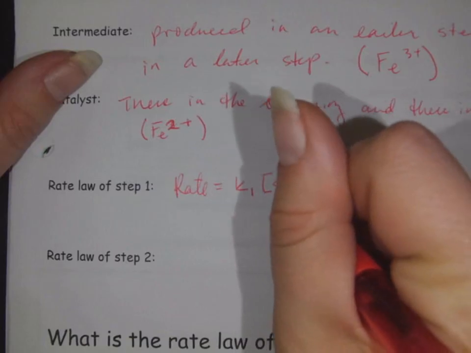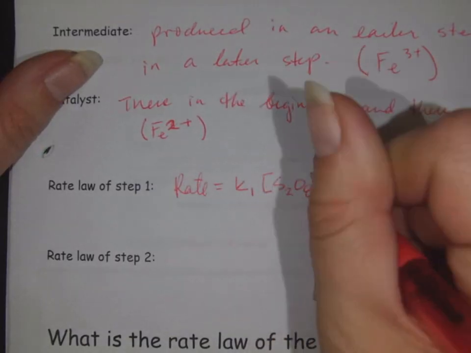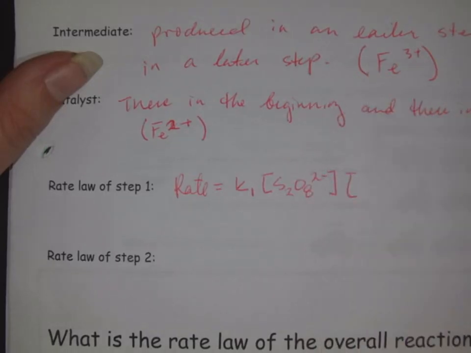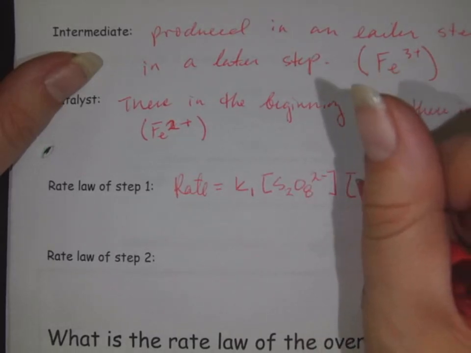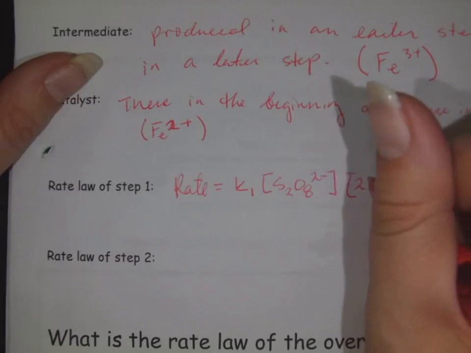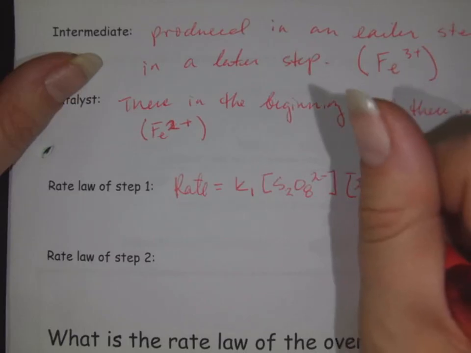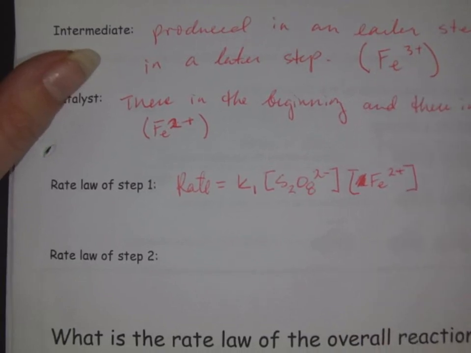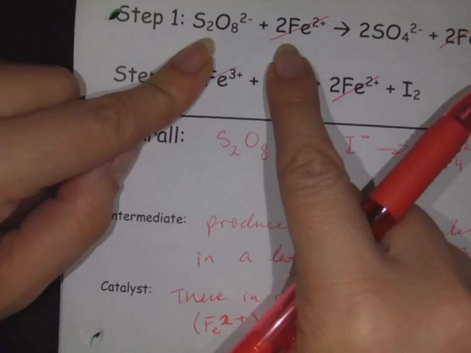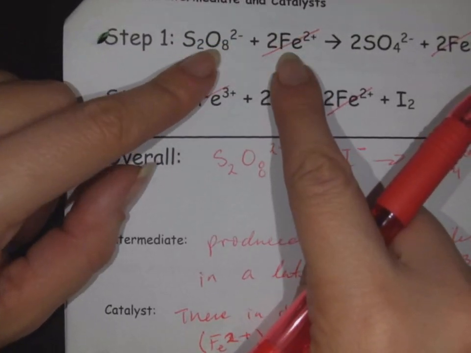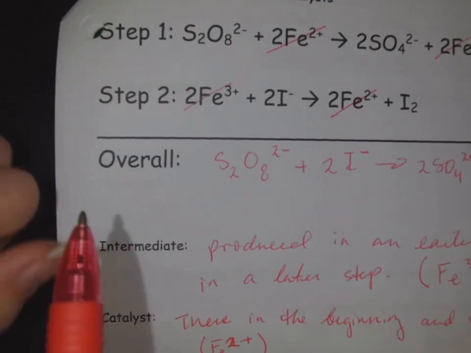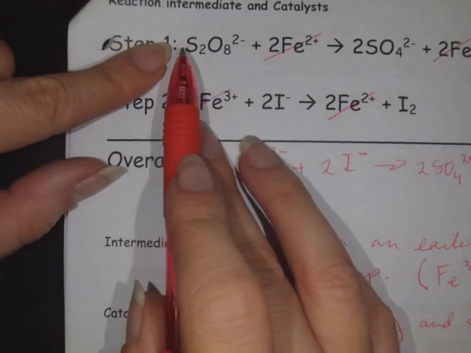We had S2O8 2-, and then we also had, oh sorry, not 2, we had Fe2+. Those were the 2 reactants that were here, okay? And so what you do for individual steps is you look at the coefficients in the balanced chemical equations.